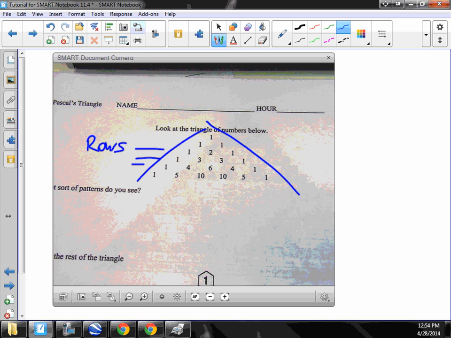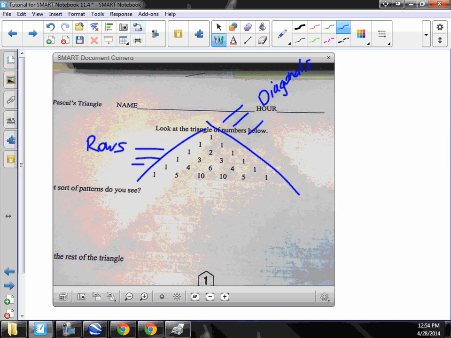Okay? And these are diagonals. So the first diagonal is all ones. The second diagonal, 1, 2, 3, 4, 5, and so on. We'll talk about that.